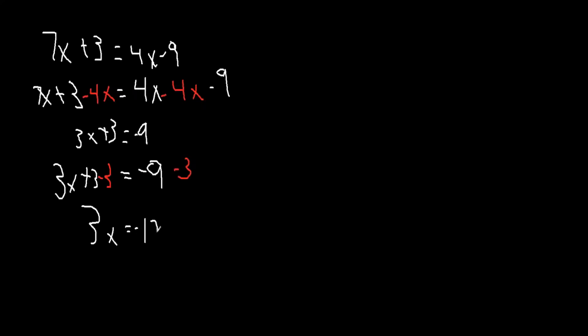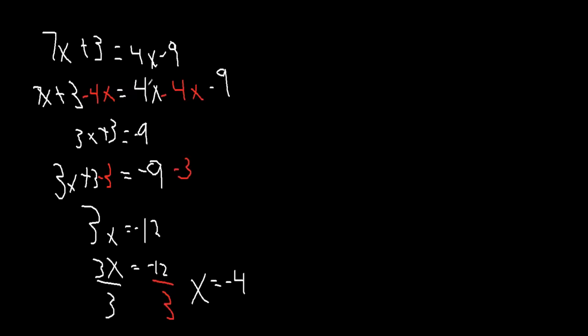So 3x equals negative 12, and x equals, so this will be divided by 3, and this will also be divided by 3. So finally we get to x, and that equals negative 4.